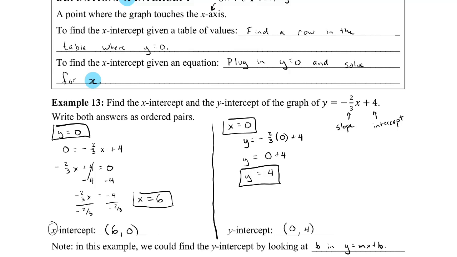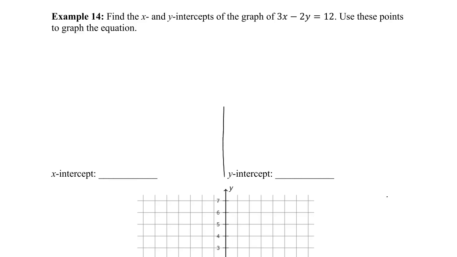In this next example, our equation is not given in slope-intercept form. So again, we're asked to find the x-intercept and the y-intercept. For our x-intercept, we'll set y equal to 0. And so our equation is 3x minus 2 times 0 is 12. 2 times 0 is just 0.